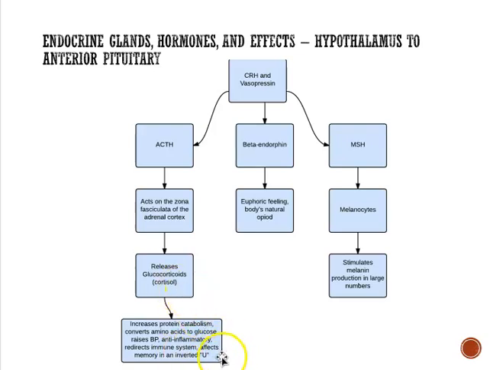Cortisol also affects memory in an inverted U fashion. And when we say an inverted U, what we're talking about, let's see if I can draw this here, is basically something like that. That's an inverted U. So meaning that if you have very low levels of cortisol, like on this part of the curve, you're probably not stimulated enough to remember the events.